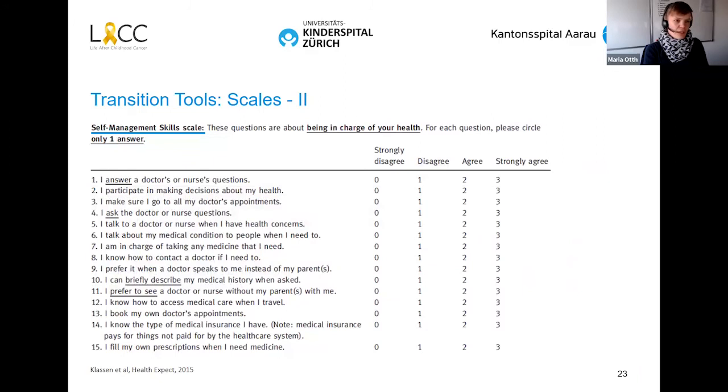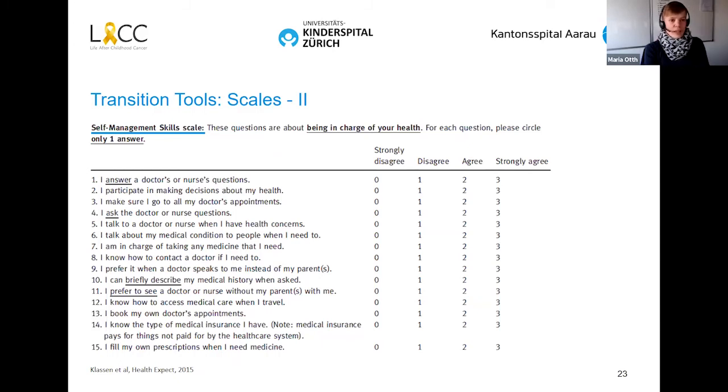The second scale is the so-called Self-Management Skill Scale. It has the same setup, also with four answer options. It shows how much the survivors are in charge of their own health, or how much they still rely on their parents. Here too you can see where they can be strengthened.